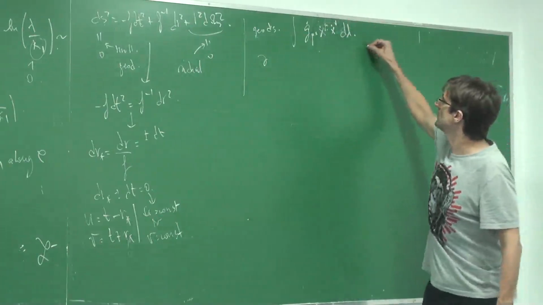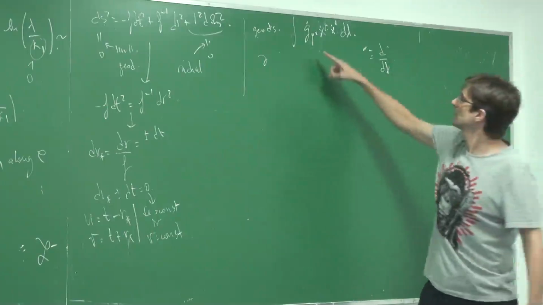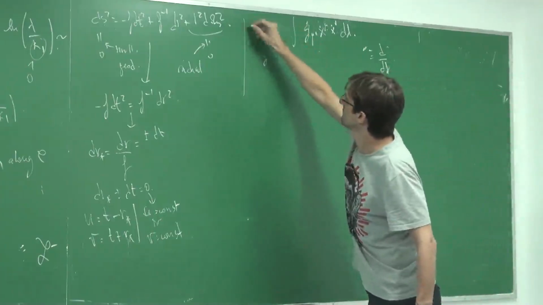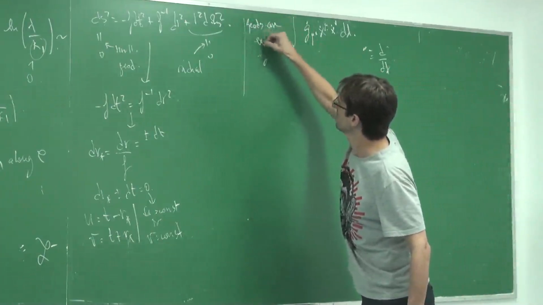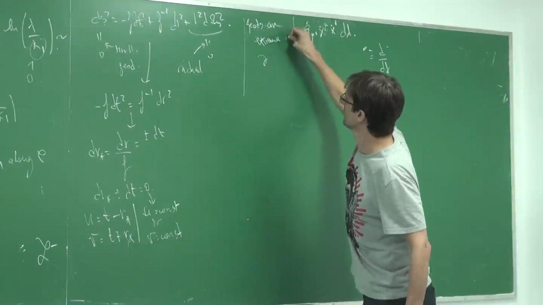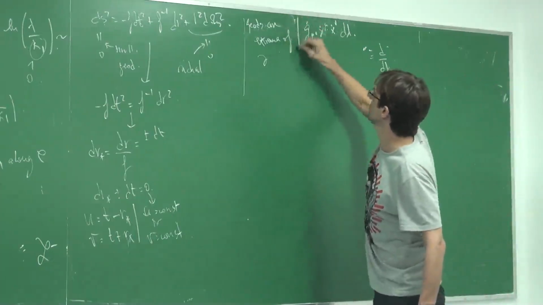Okay, the dots are just derivatives with respect to lambda. So geodesics are extrema of this action with this Lagrangian.